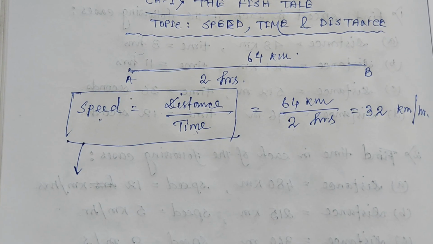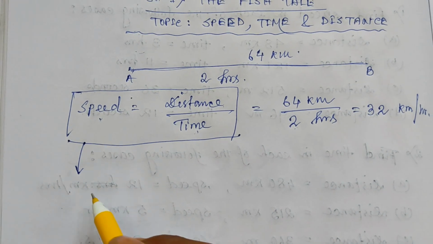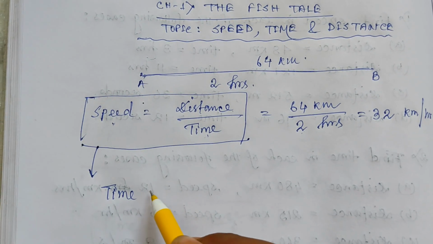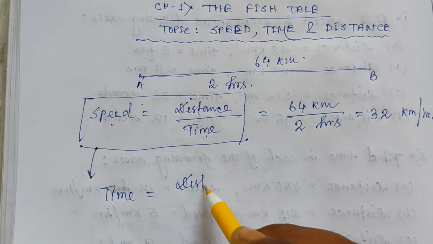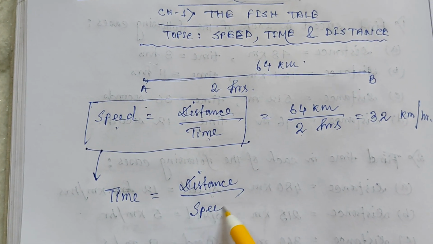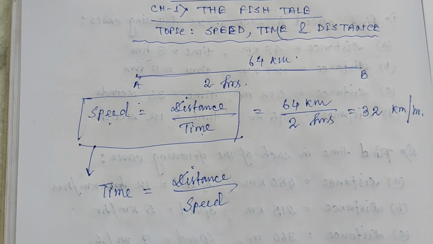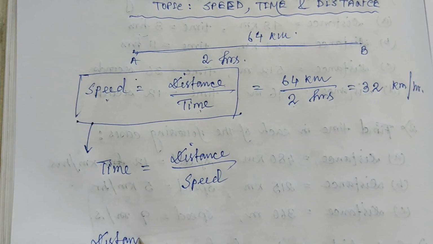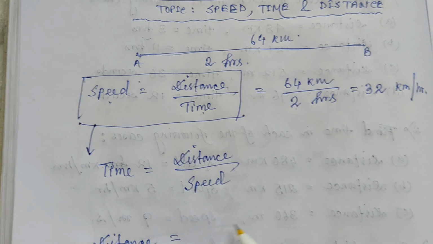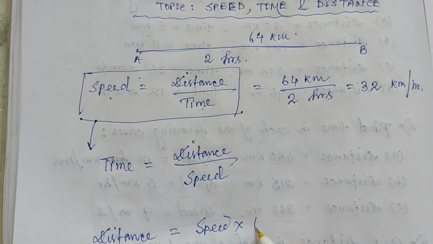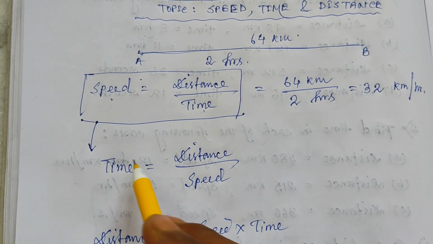Two other formulas we can derive from here. First, time equals distance by speed. And distance equals speed into time.